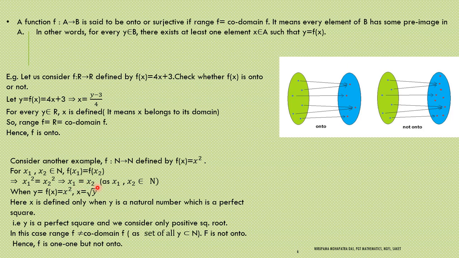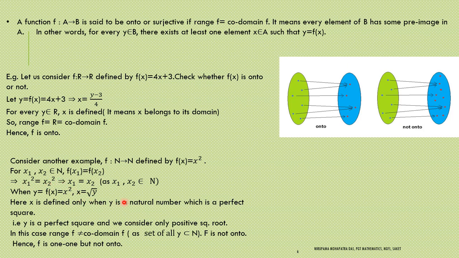Okay, so you may be wondering, we are not taking plus minus here, because when we take x1 square equal to x2 square, we usually take mod x1 equal to mod x2, then x1 equal to plus minus x2. But here negative values are neglected because we are taking the domain as the set of natural numbers. x1, x2 belongs to the set of natural numbers.